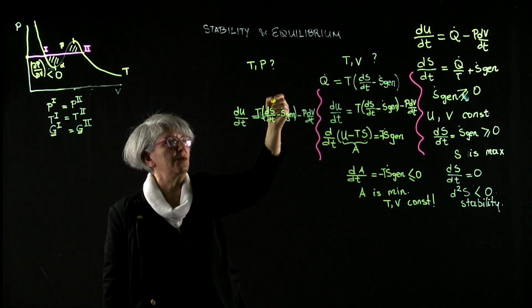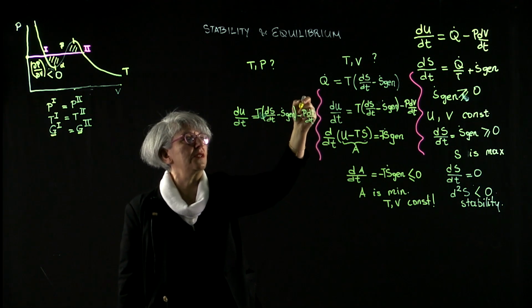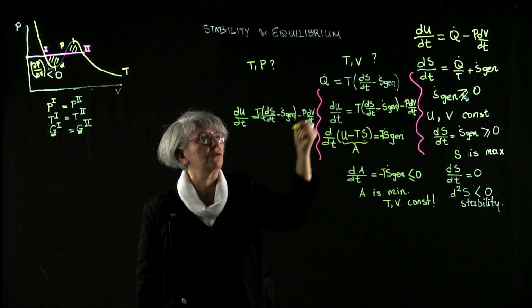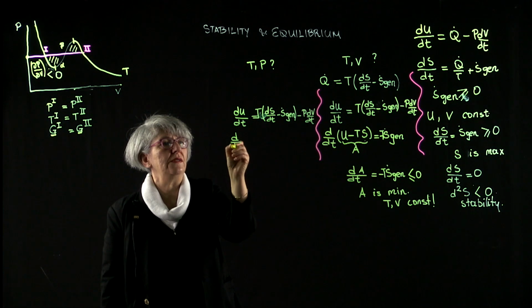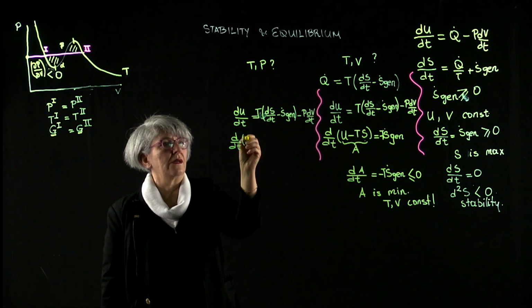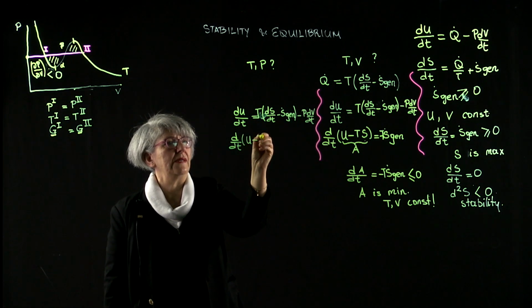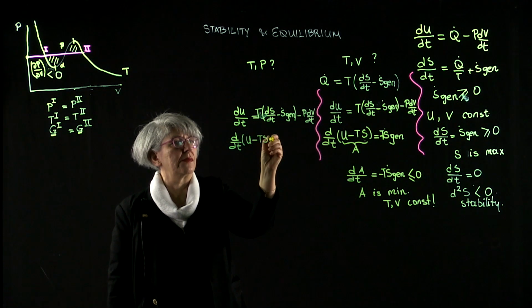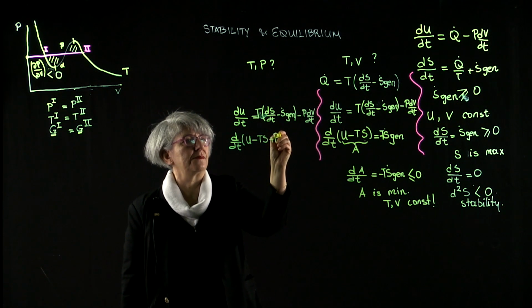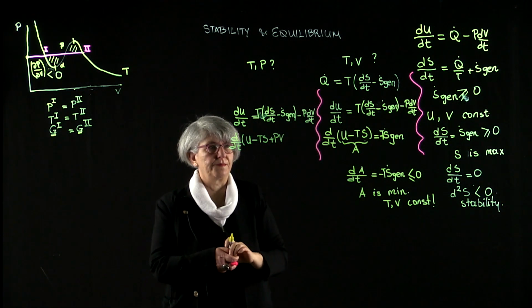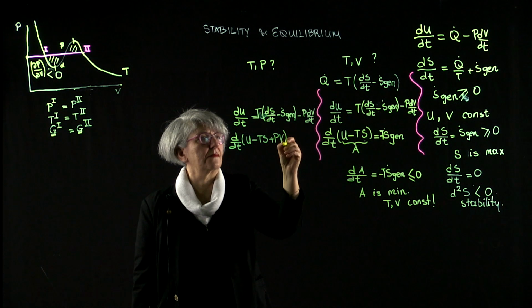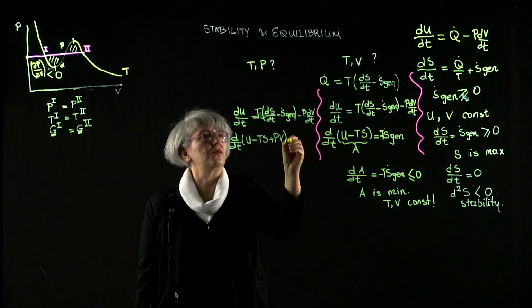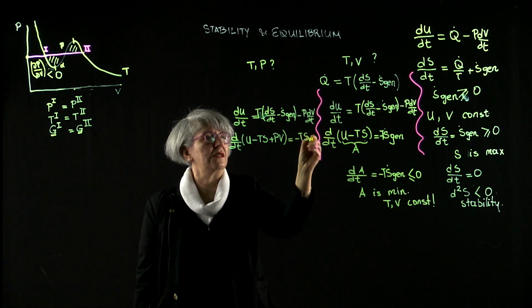I put this temperature into the derivative sign. Pressure is constant. I put this pressure into this derivative sign and I rearrange. I have d over dt of u minus TS plus PV is equal to minus T times S generated.